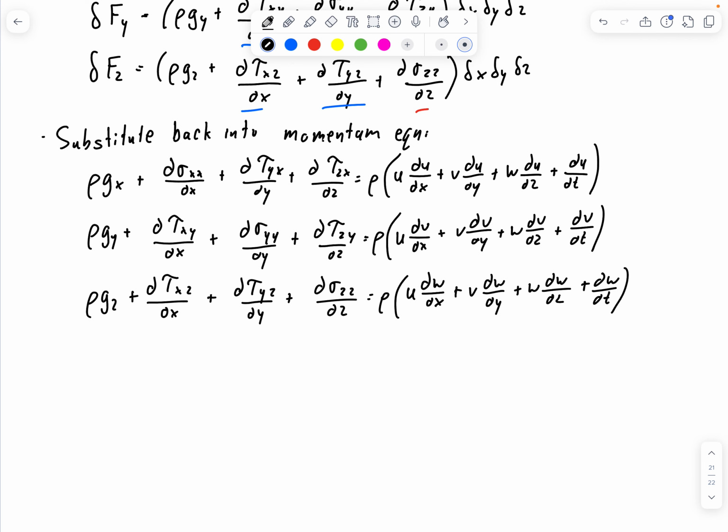Now, these are our three components, our three equations describing the conservation of linear momentum, but there is kind of a problem here in that if you count up the number of unknowns and then the number of equations, you'll see that we have quite a mismatch. So we have more unknowns.